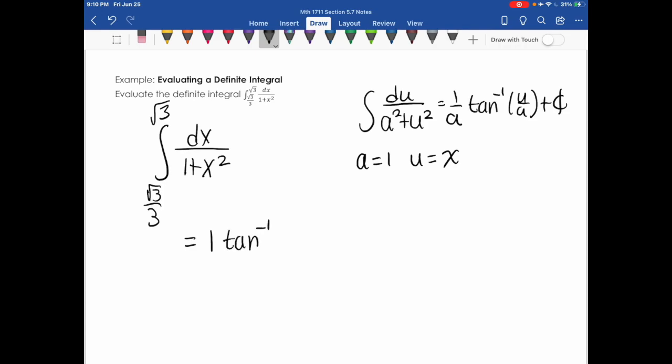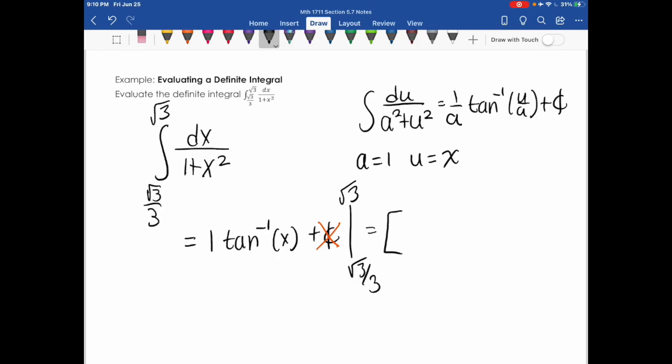So I'm going to find 1 over a, which is 1, times inverse tangent of u over a. Since u is x and a is 1, I'm going to get x over 1, which is x, and then plus our constant. And because this is a definite integral, I have to evaluate this from the square root of 3 over 3 to the square root of 3.